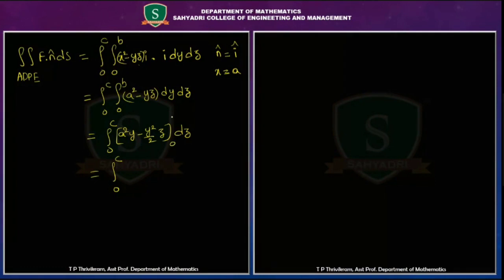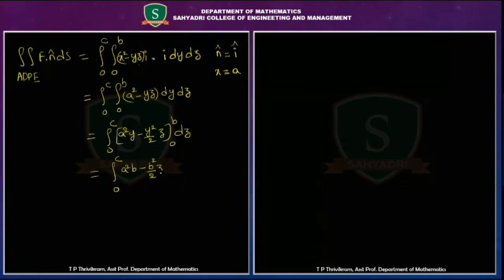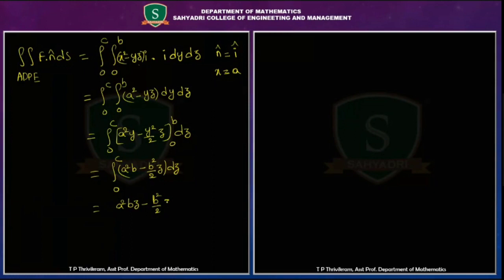So this one is equal to integral 0 to c. Limits are from 0 to b here. So a square b minus b square by 2 z, dz. So this is nothing but a square b. Apply the integration with respect to z. A square bz minus b square by 2 into z square by 2.